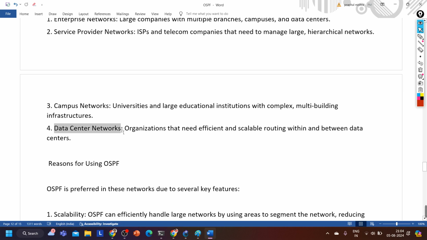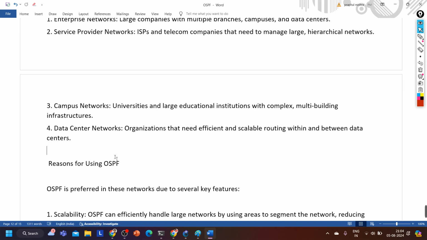Then in a data center, let's say you have 10,000 servers in one data center, or maybe you have multiple data centers, right? There also you need a scalable and stable routing protocol. You will use a link state routing protocol there, right?